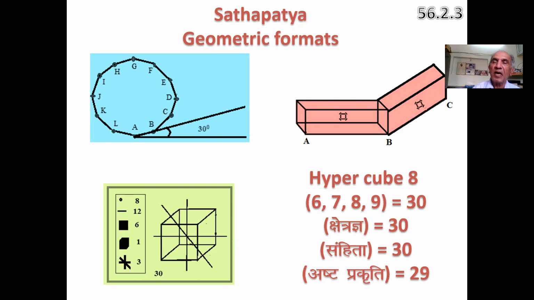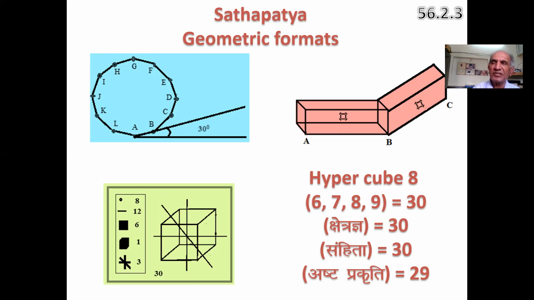Further, hypercube 8 has a fourfold manifestation layer 6, 7, 8, 9 of summation value 30. The external deviation angle of polygon 12 is of 30 degree at each joint.